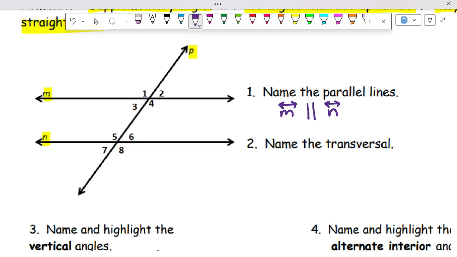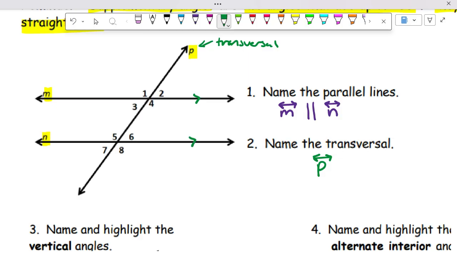All right. Now, what line do you think is my transversal line? P. So all a transversal is, is a line that cuts through two parallel lines. That's all a transversal is. So this right here is your transversal. And these two lines are parallel. So I'm going to mark these with the arrow ticks.